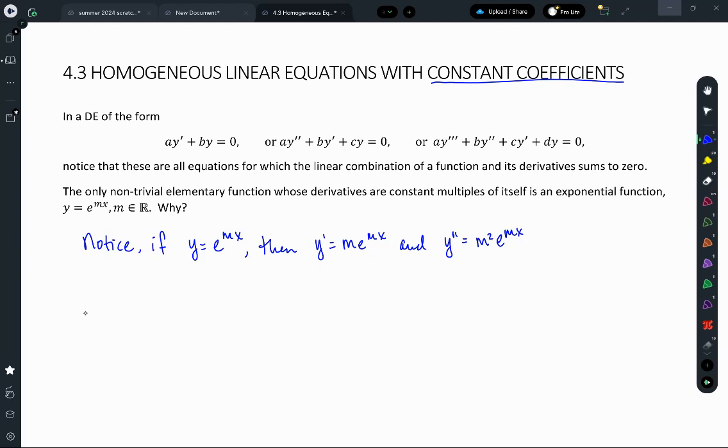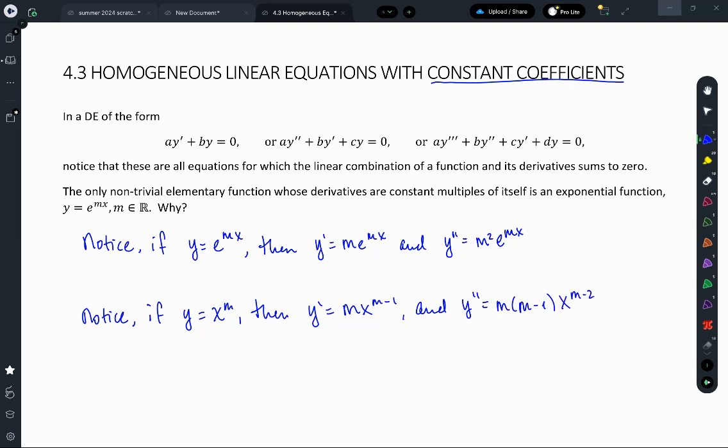And so also notice if y was equal to x to the m, then y prime would be equal to mx to the m minus 1, and y double prime would be equal to m times m minus 1 times x to the m minus 2.